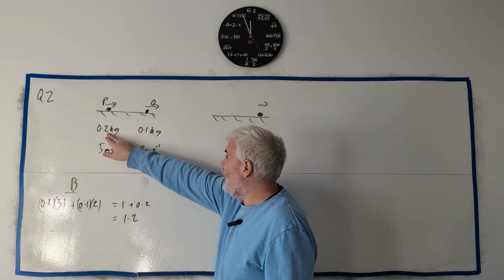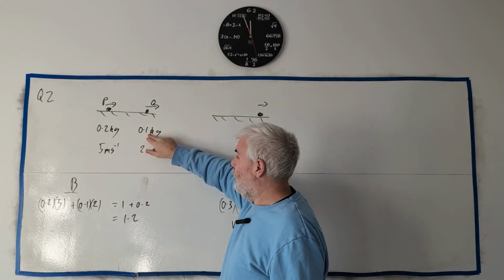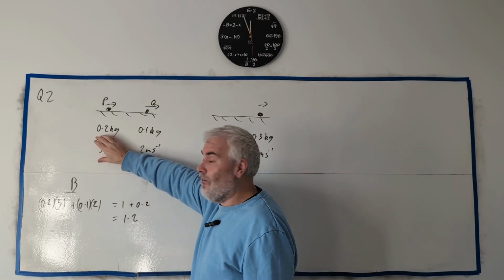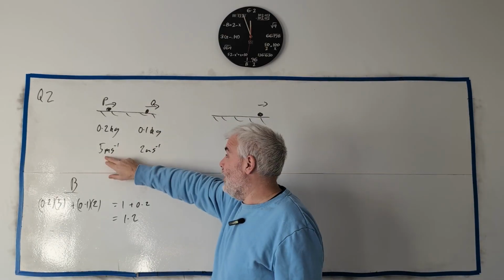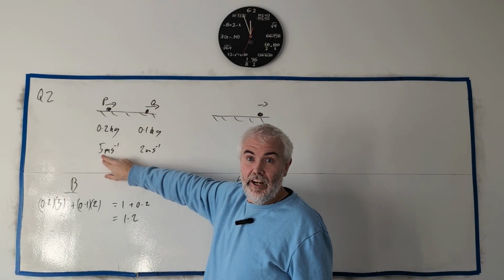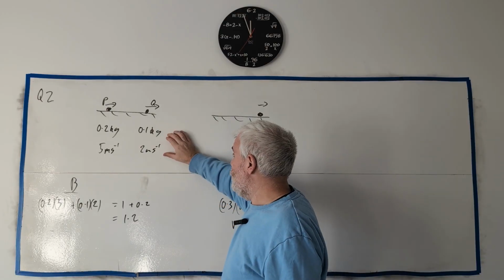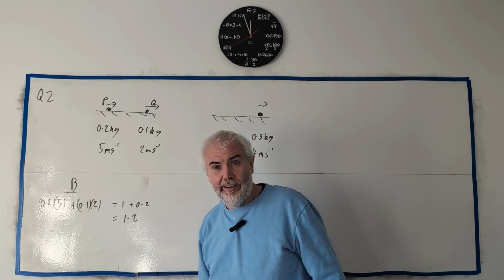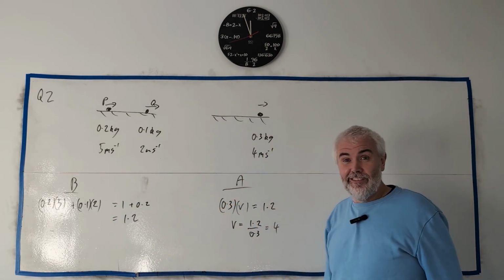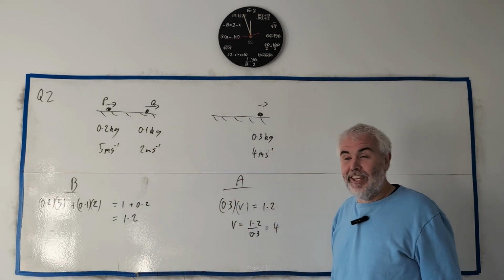I think we have a big object here, twice the size of this one, going fast, going at 5, and it hits into this. It would slow down, so I would expect my answer to be less than 5. But it shouldn't slow down too much because this guy is a lot bigger. 4 sounds about right. That sounds reasonable to me.